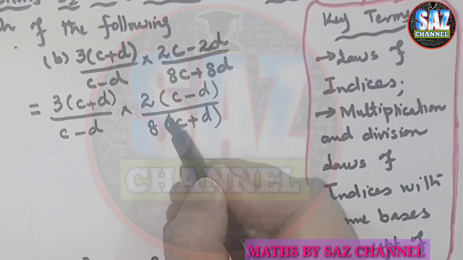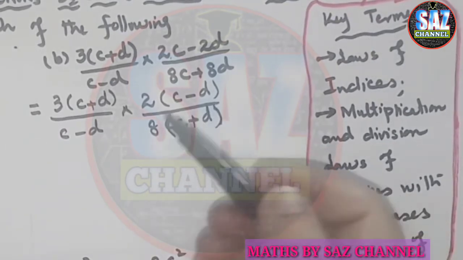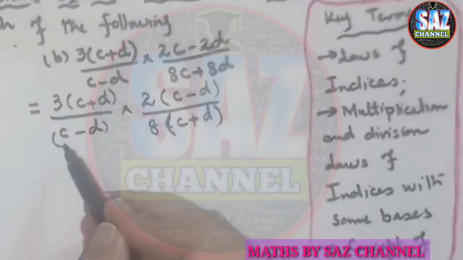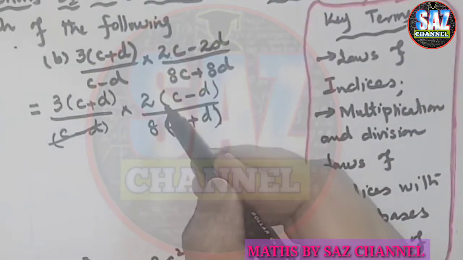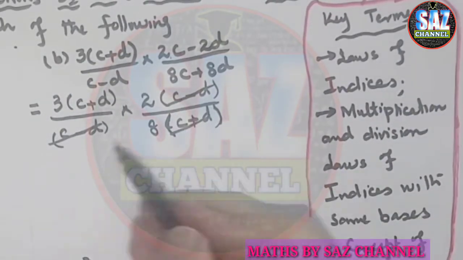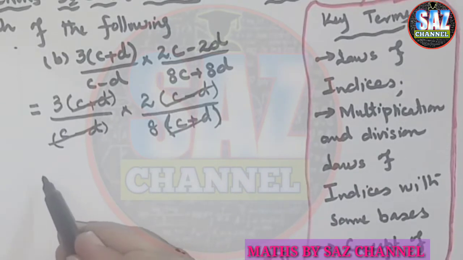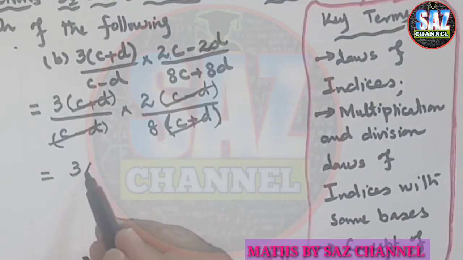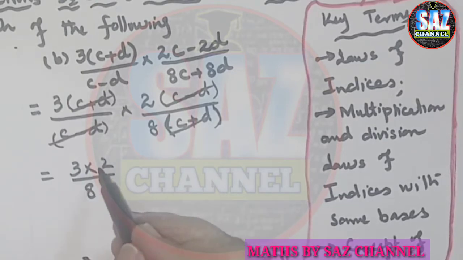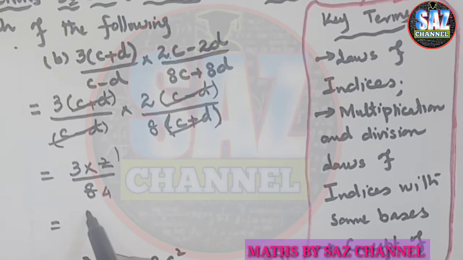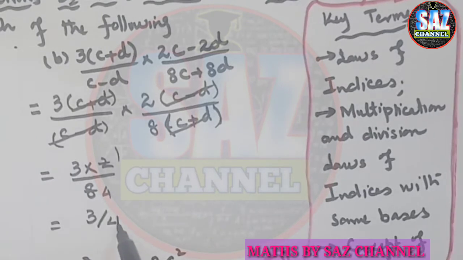Let me make the bracket clearly. Okay, now if we look at c minus d, we can cancel this c minus d and c plus d, and I'm left with 3 multiplied by 2 upon 8. Now this 2 and 8 can be simplified. 2 ones are 2 and 2 fours are 8, and the final answer will be 3 by 4.